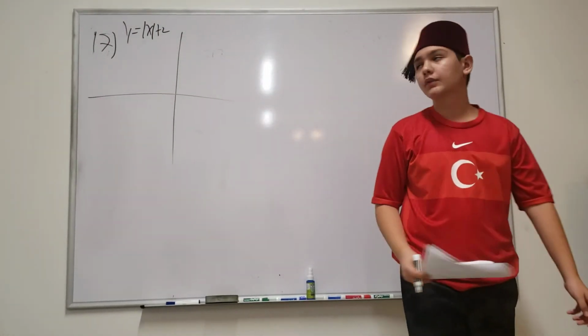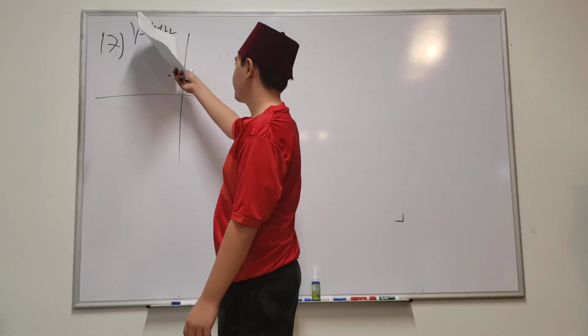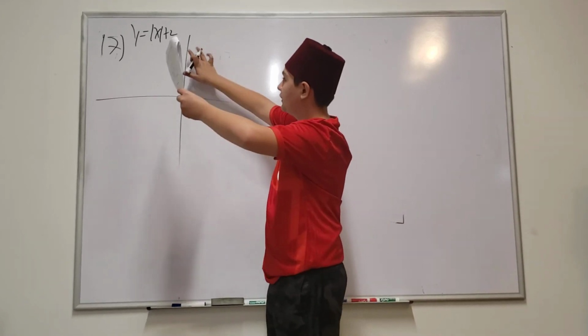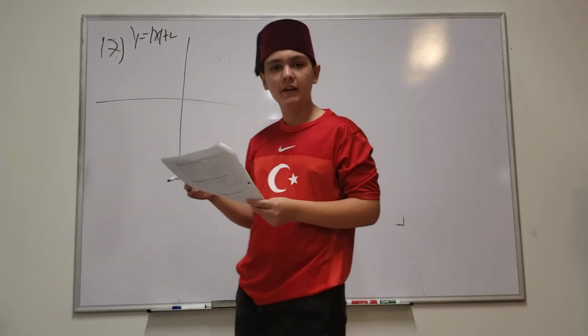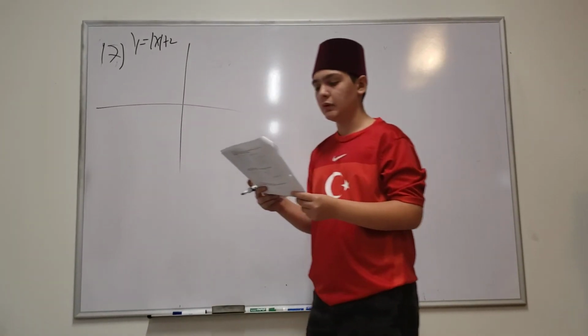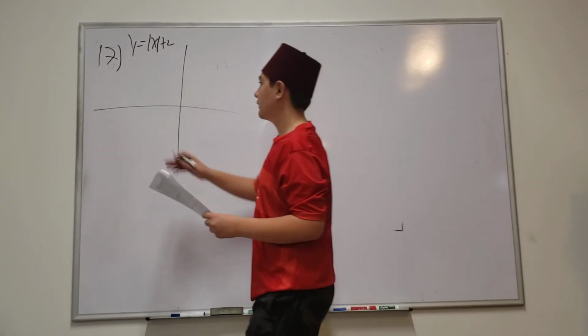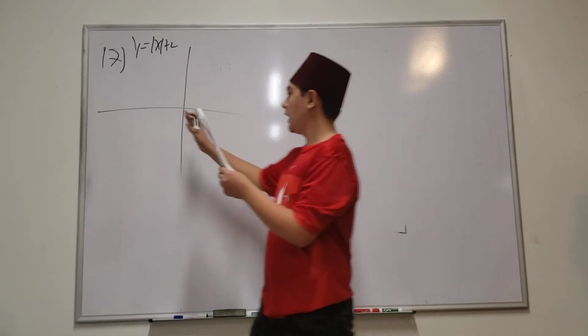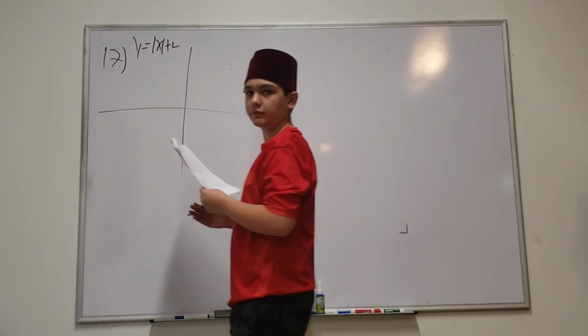So whenever you have, say, a plus 2 or plus 4 outside the absolute value, you just move it up to that point. But if it's inside, you move it to the right or left. Well, it's kind of like the opposite. So if this was absolute value of x plus 2, you would move it to the left 2 instead of the right.